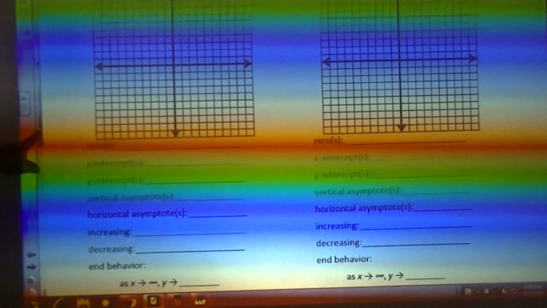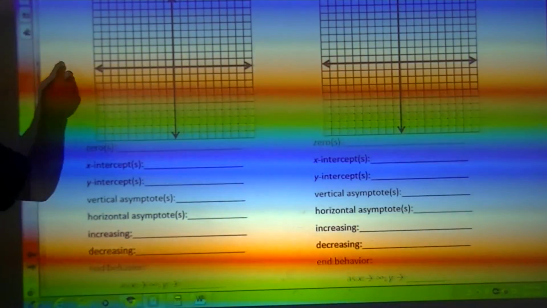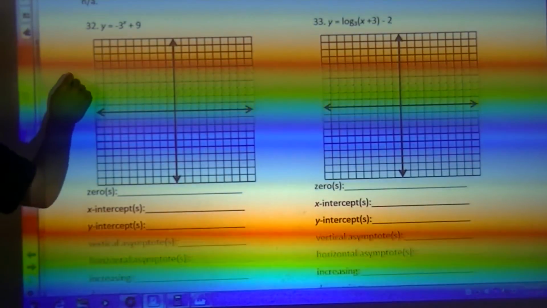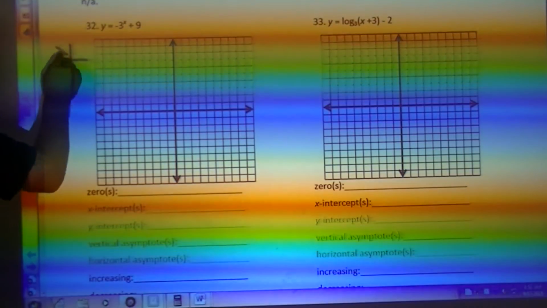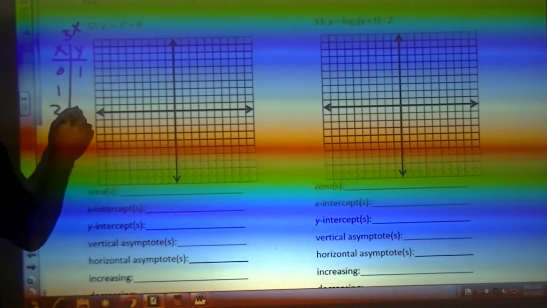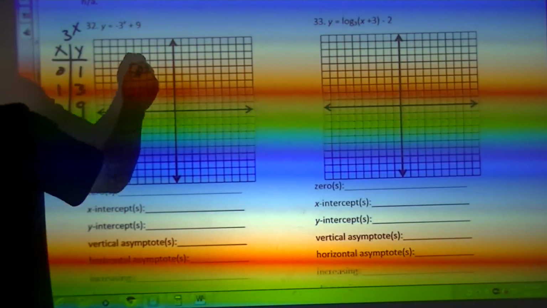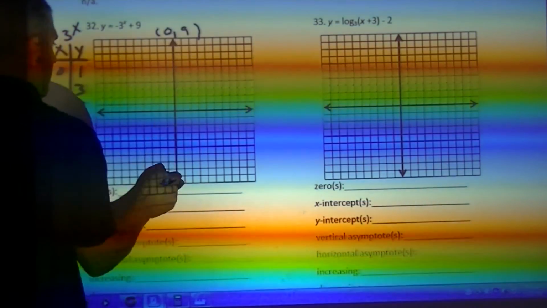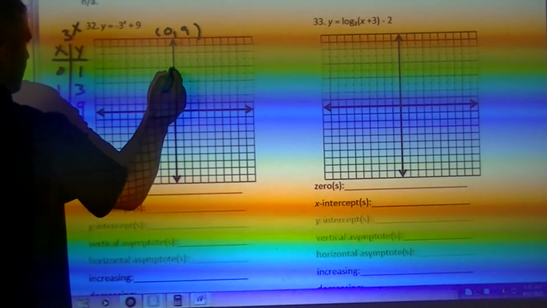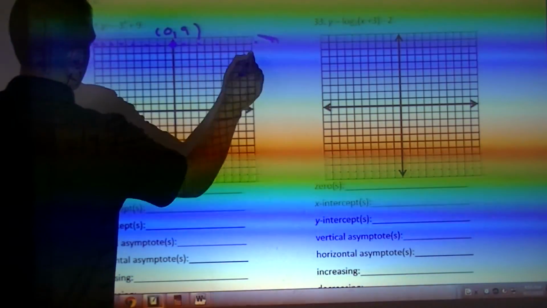I got to make sure I graph these. What I'm going to do on this one, let me move this down. I'm going to graph 3 to the x, 0, 1, 2. That's going to be 1, 3, and 9. Now my anchor here is 0, 9.